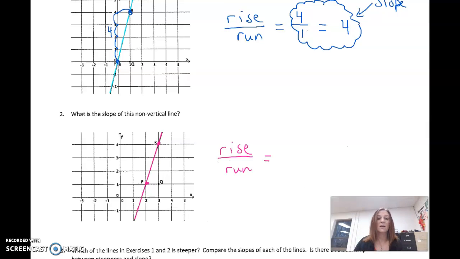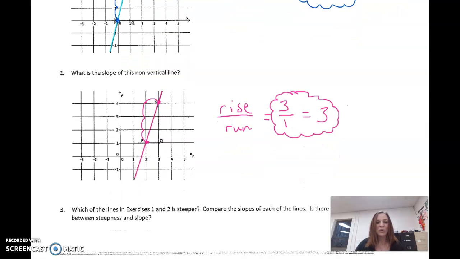That was for something else. So from here to here, I'm going to rise 1, 2, 3, and I'm going to run 1. So my slope is 3. That means for every 1 unit that we go over, we go up 3. Remember when I said earlier that slope was a unit rate, 3 per 1.